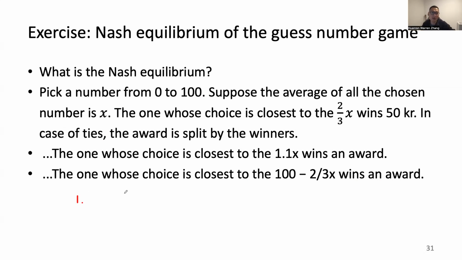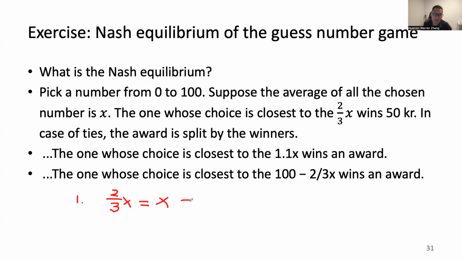So for the first one, when 2/3 of the average is the winning number, how do we calculate the Nash equilibrium? You can actually just make this 2/3 of x equals x and solve this, right? This means that if everyone is choosing x, then the target number is x, and no one would change their choice.